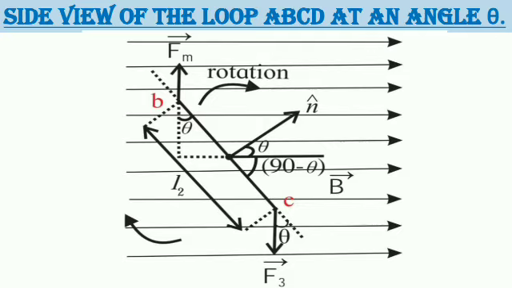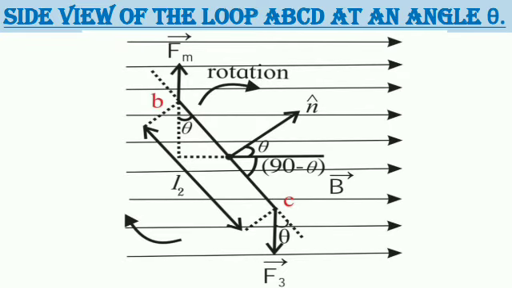As you can see here, some magnetic force will act so that this coil can rotate. Now see, at the side C, the force is making some angle, that is theta.